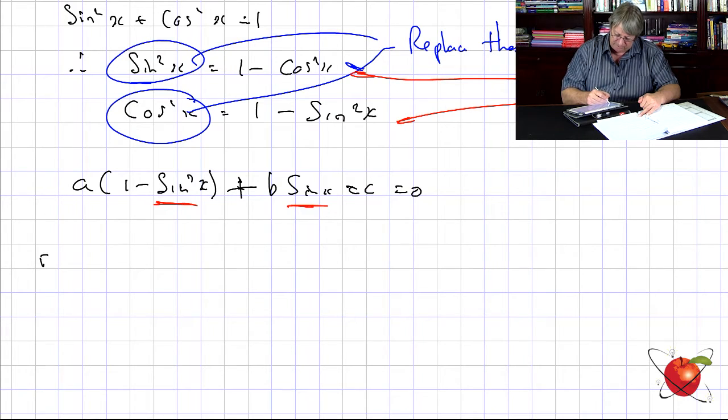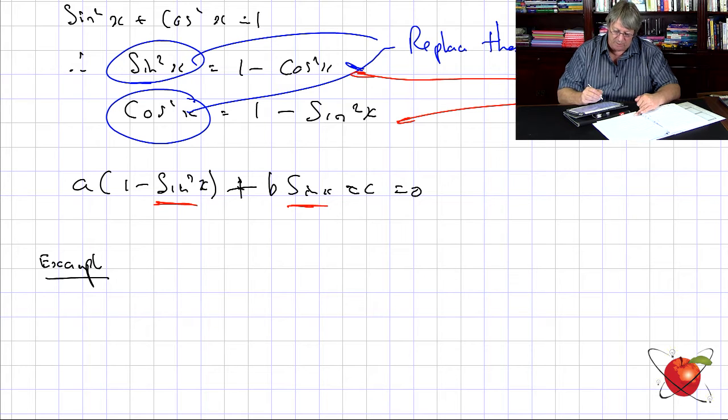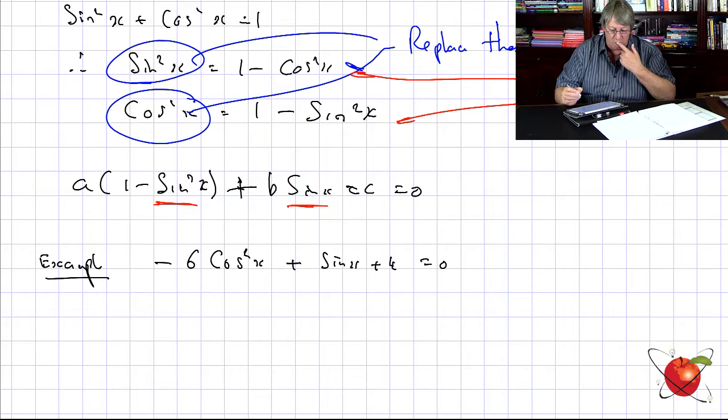Okay. Let's just show you in an example of this. Here's an example. Minus 6 cos squared x plus sine x plus 4 equals 0.